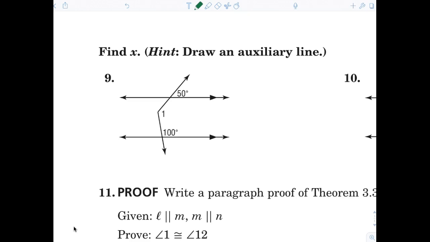Just find angle 1. So again, auxiliary, you're drawing a line that is not there, to help you out.